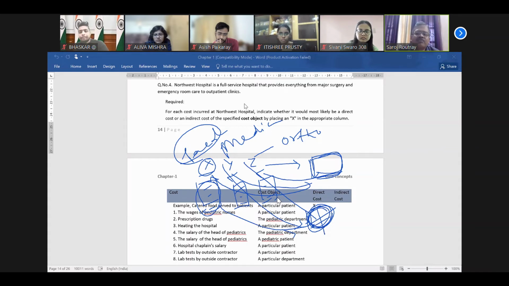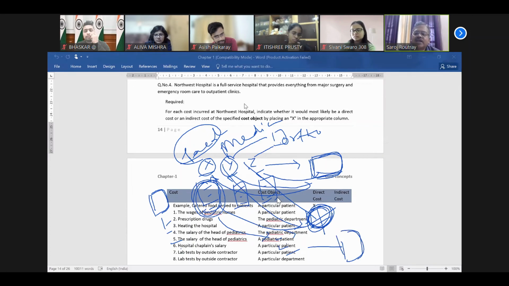But if they come with their prescription and collect the drugs, it can be identified with the patient. I go to a restaurant and ask the staff to give me some food. But if I went to a canteen and picked up a thali and started taking it, I took 1 time, somebody took 2 times, somebody took 3 times.